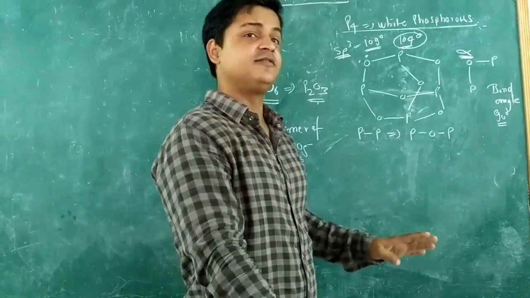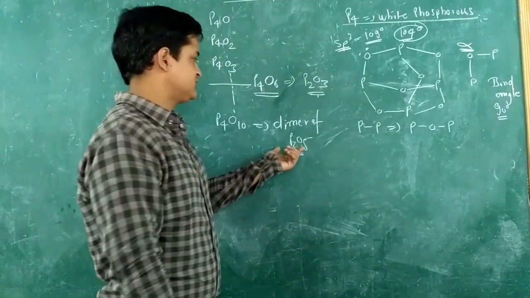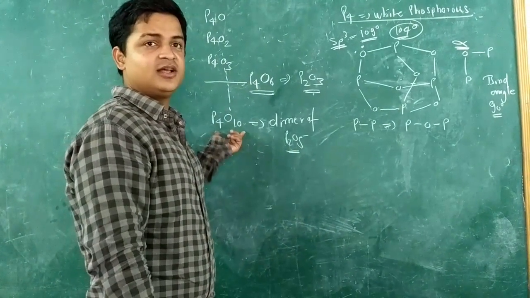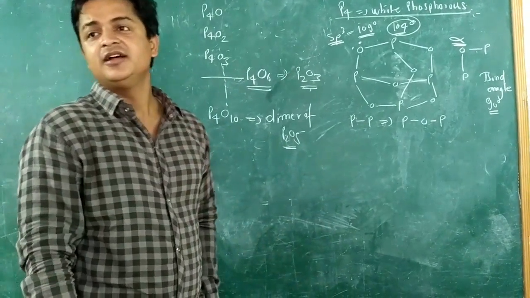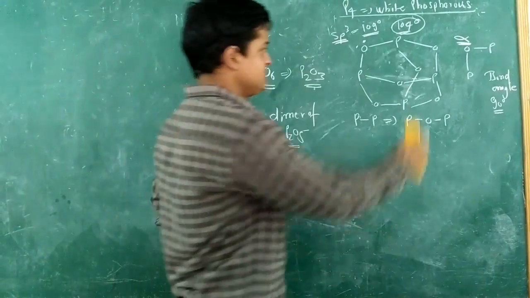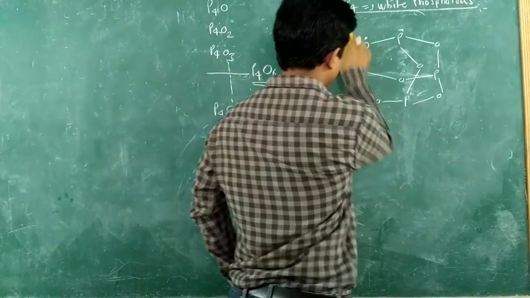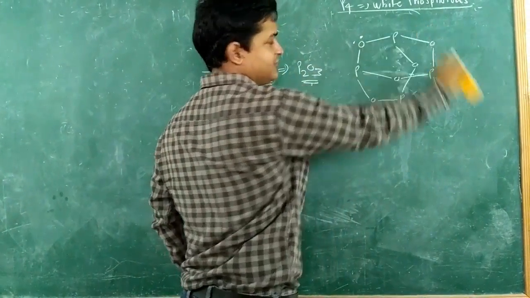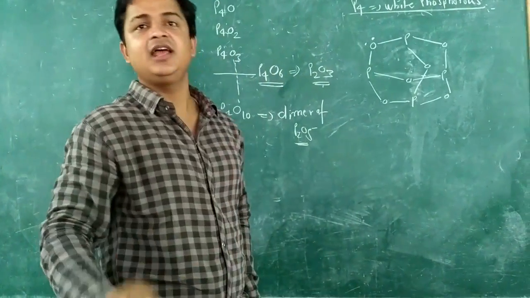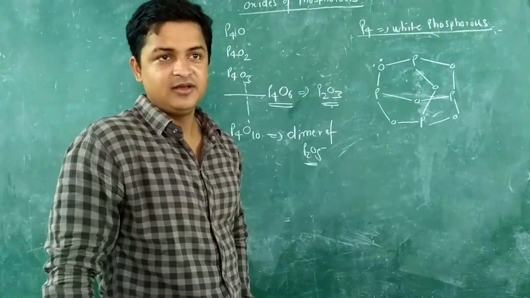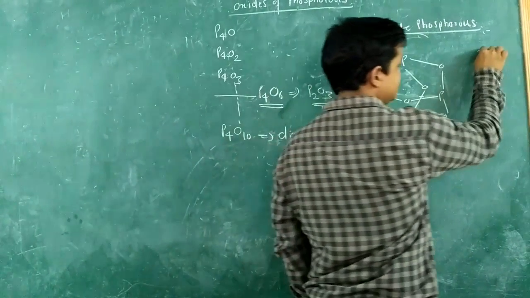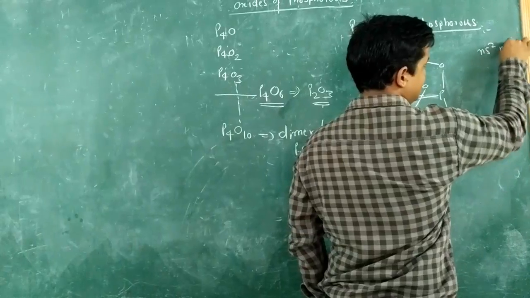Now what about the other 4? If you are talking about the oxide of phosphorus P4O10, then where can we place the other 4 oxygens? Okay, so if you look at the structure carefully, and if you know about phosphorus, phosphorus is an element of the nitrogen family, which has the general electronic configuration ns2 np3.